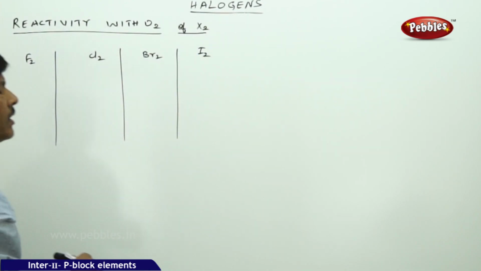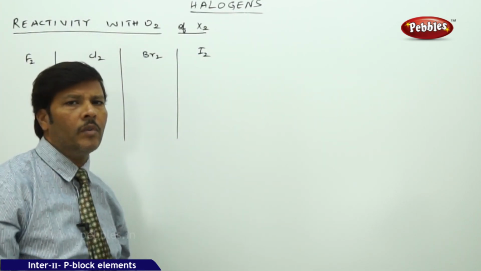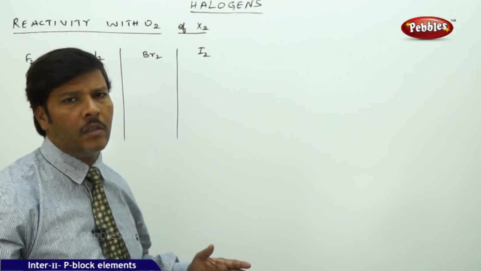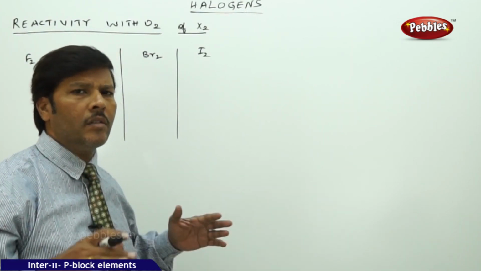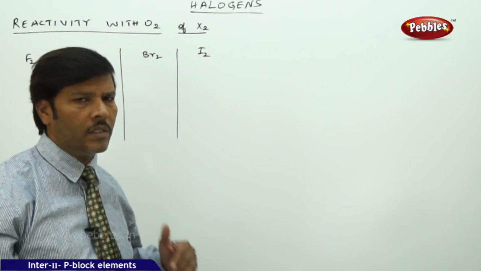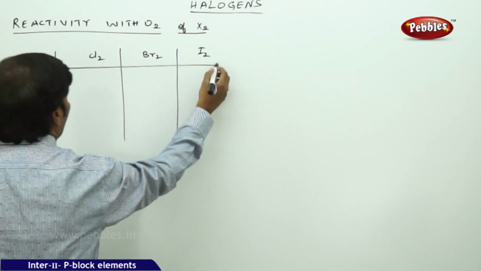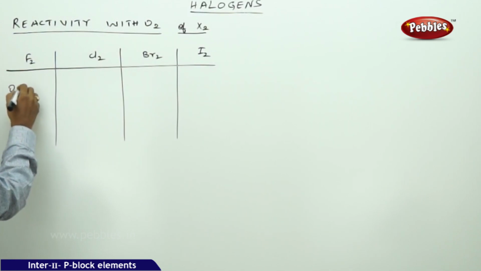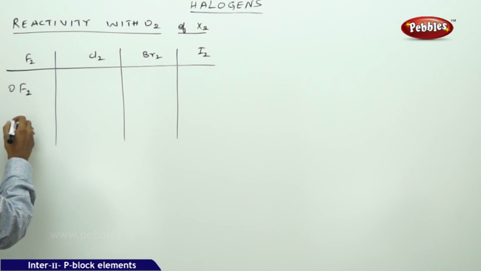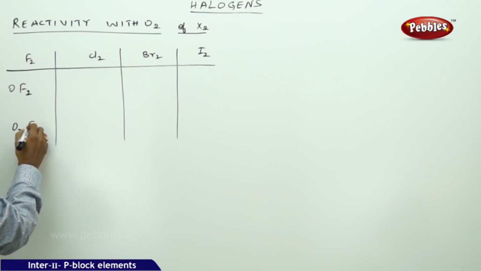All the halogens form a wide number of different oxides, but let us discuss some important oxides which are useful for us. For fluorine, we can take two types of oxides: one is OF2 and the other one is O2F2.